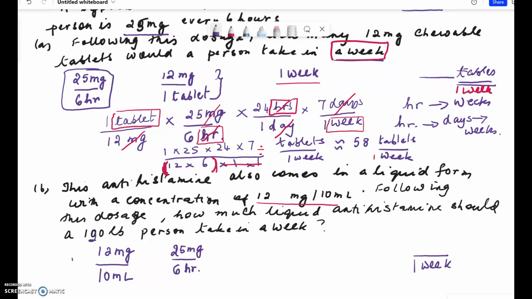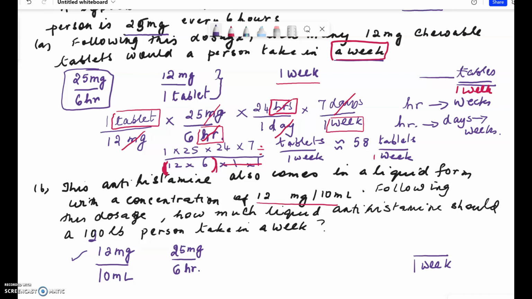So 12 mg in every 10 milliliters, so 12 mg per 10 milliliters. So that is the liquid antihistamine. And then you have 25 milligrams per 6 hours as the typical dosage.